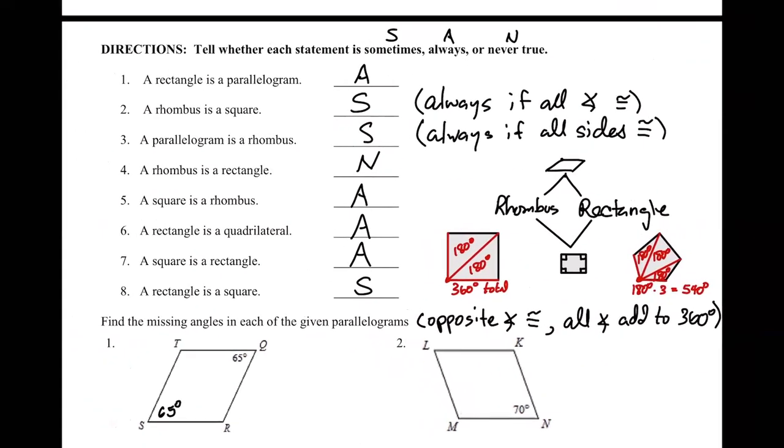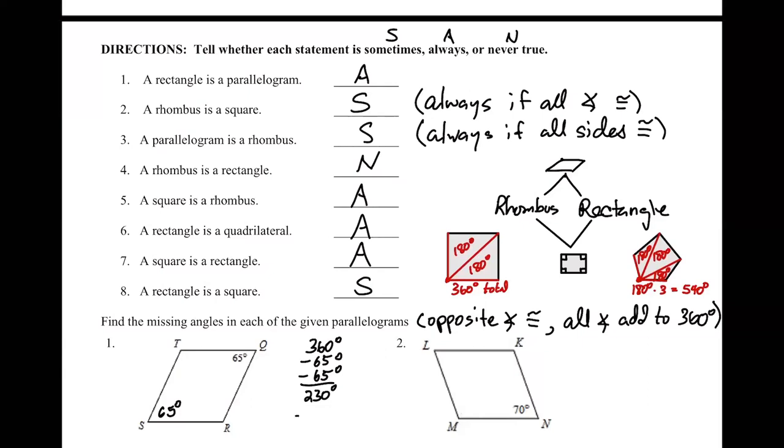Right. So if I know that there are 360 degrees in this figure, I could do 360 minus the 130 that I have. So 360 minus 130 is going to be 230. That 230 has to get split evenly among the other 2 angles.